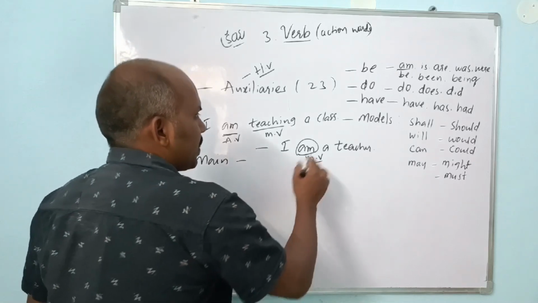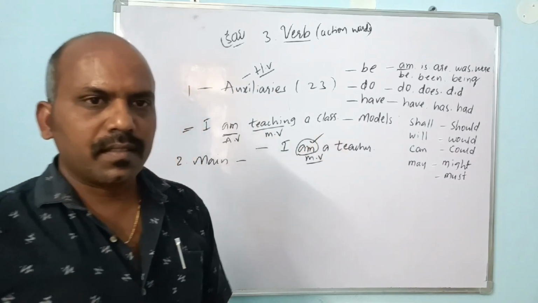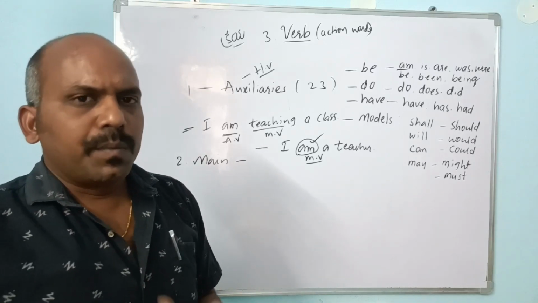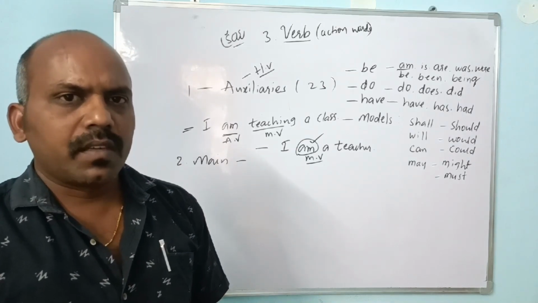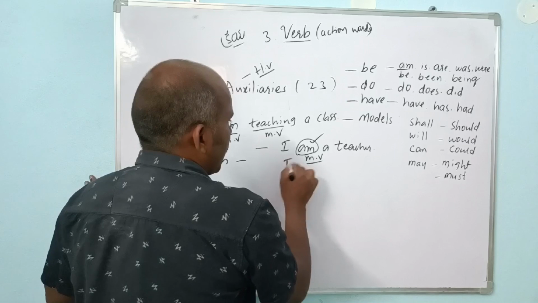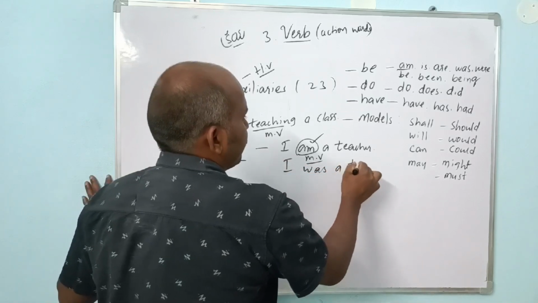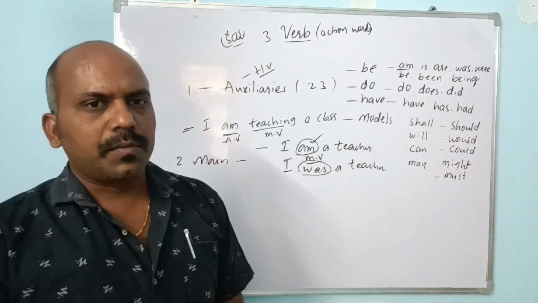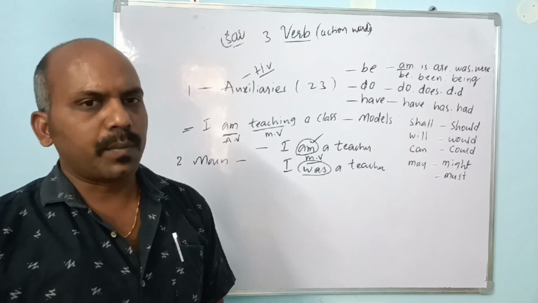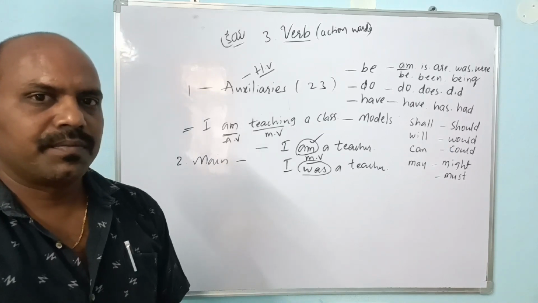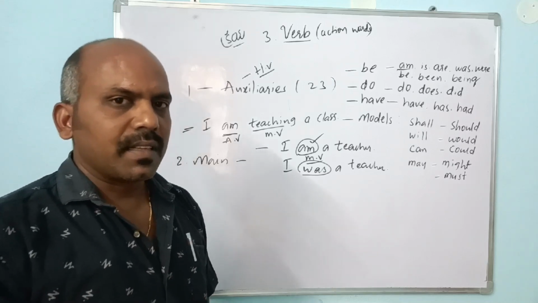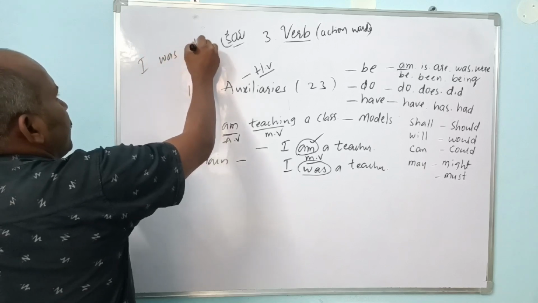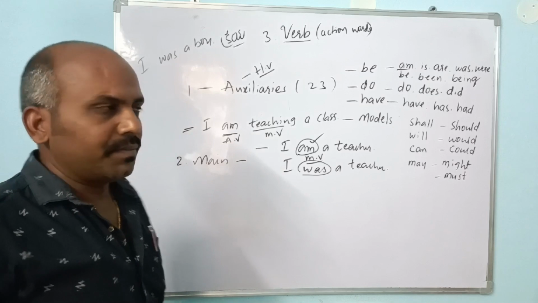And also it reveals a tense. I am a teacher means present tense. Right now I am a teacher. And if I want to say that previously I was a teacher but not now, then it changes into I was a teacher. I was a teacher means past tense, not now. In the past I was a teacher but not now, right? If you say I was a boy, it means not right now, right?